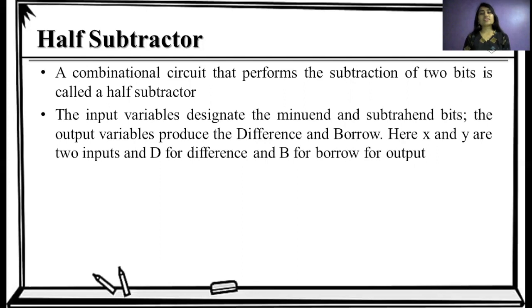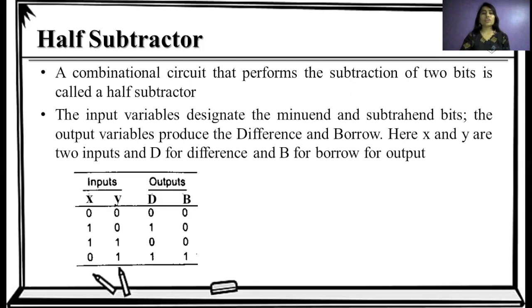Here x and y are the two inputs, and D for difference and B for borrow are the outputs. So here we have a truth table for the half subtractor. We have 2 inputs x and y, and for 2 inputs we have a total of 4 possible input combinations, and the outputs will be calculated from these combinations.